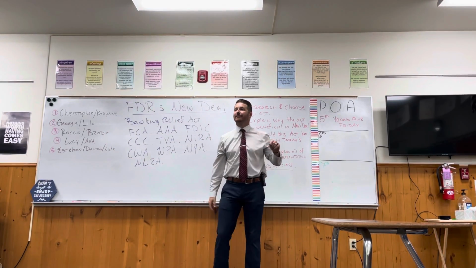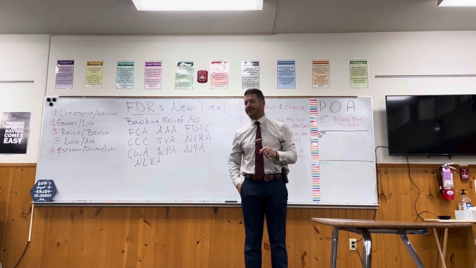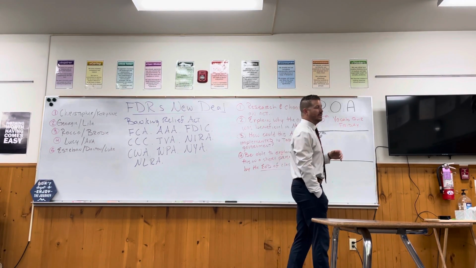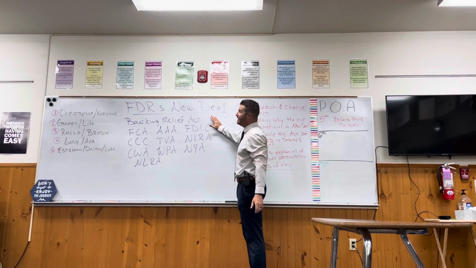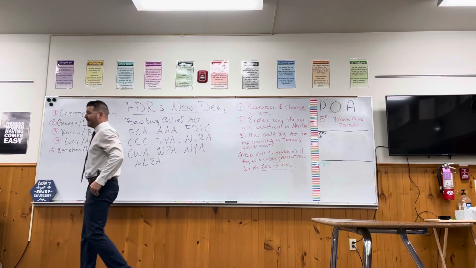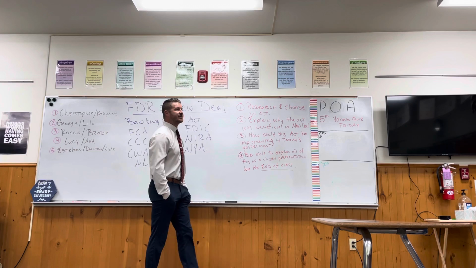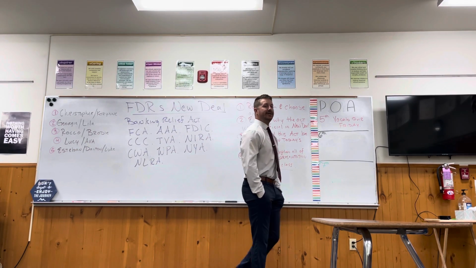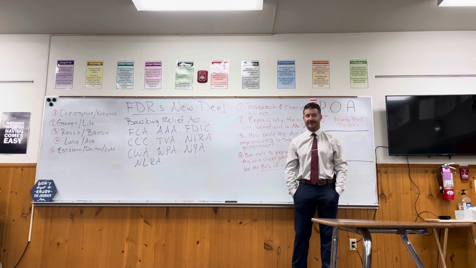Before you guys pick, this is the plan of action. You are going to recreate one of these New Deal acts or policies. For example, if it was a policy that was getting people back to work, you need to make that like a 2022 version. Does that make sense?